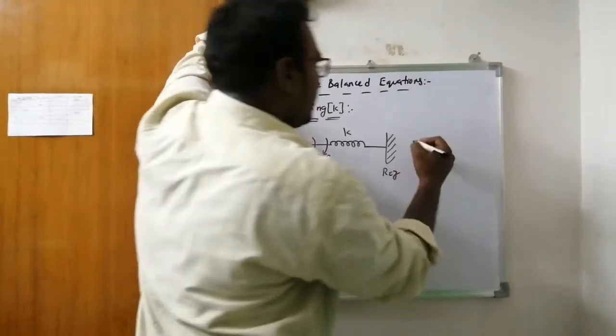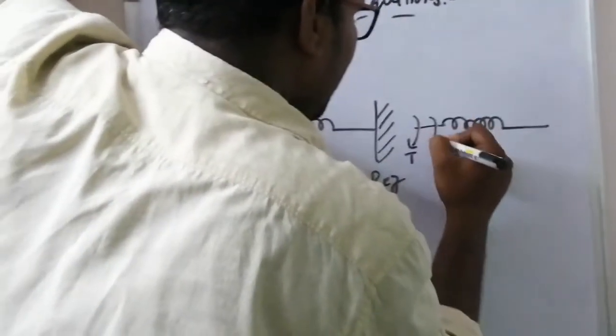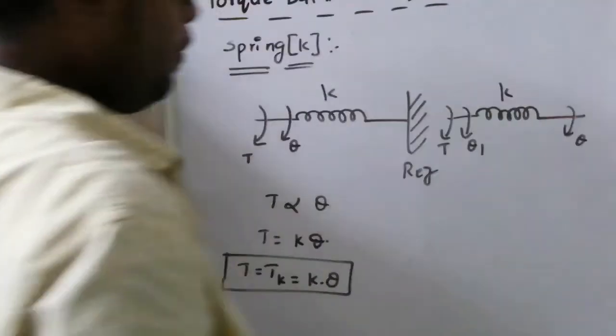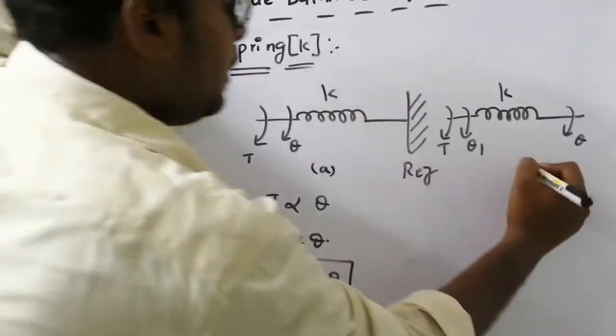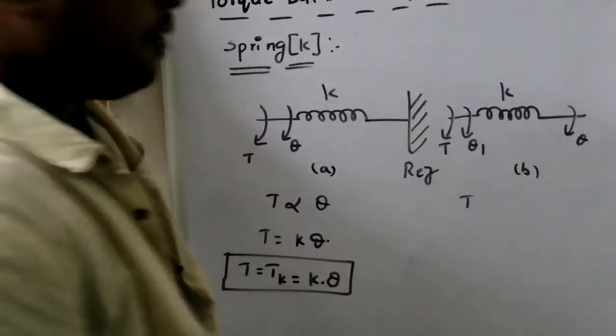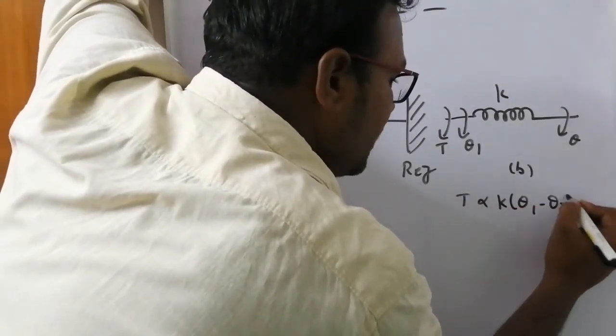Coming to the next, when both ends have angular displacement theta 1 and theta 2, this is figure B. We follow a similar method. T is directly proportional to K into (theta 1 minus theta 2).